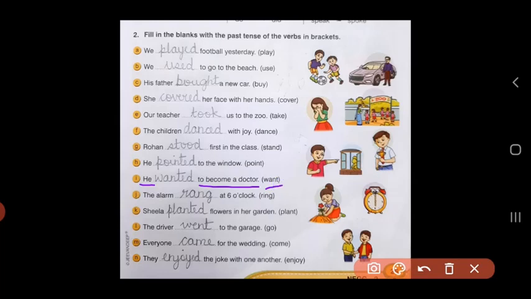Add ed to want and the past tense becomes wanted. He wanted to become a doctor. J. The alarm dash at 6 o'clock. The verb is ring. Past tense of ring is rang.